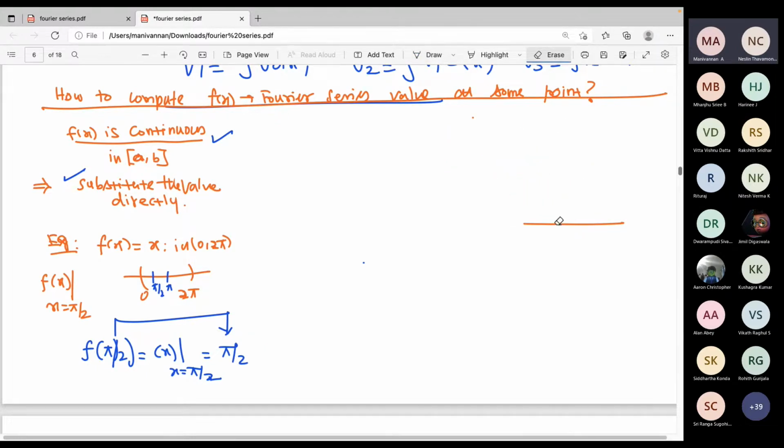And in my second case, I am having a discontinuous function f of x.